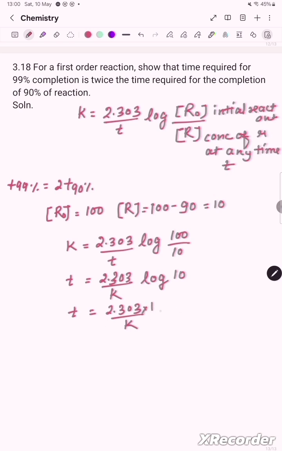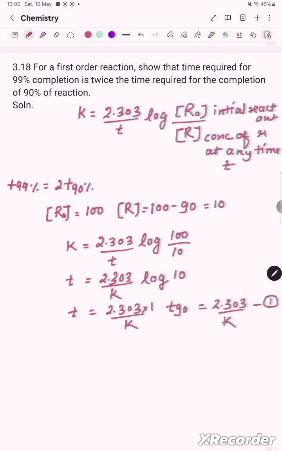So that is T90, because we have to calculate at 90% completion of the reaction, that is equal to 2.303 upon K. So this is first equation.